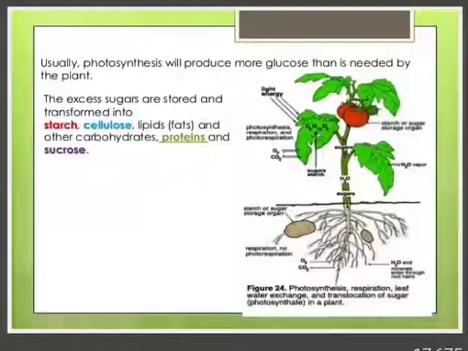Usually photosynthesis produces more glucose than the plant needs. The excess sugars are converted into starch, cellulose, lipids, fats and other carbohydrates, proteins and sucrose.